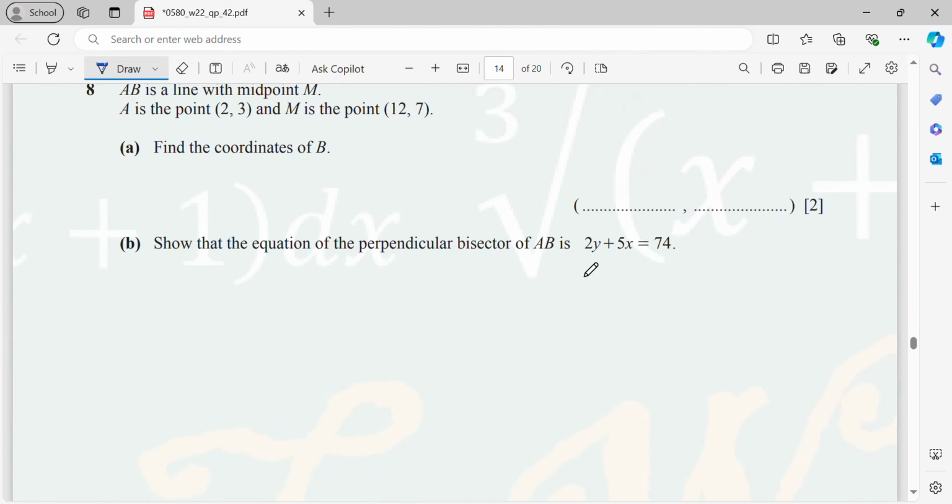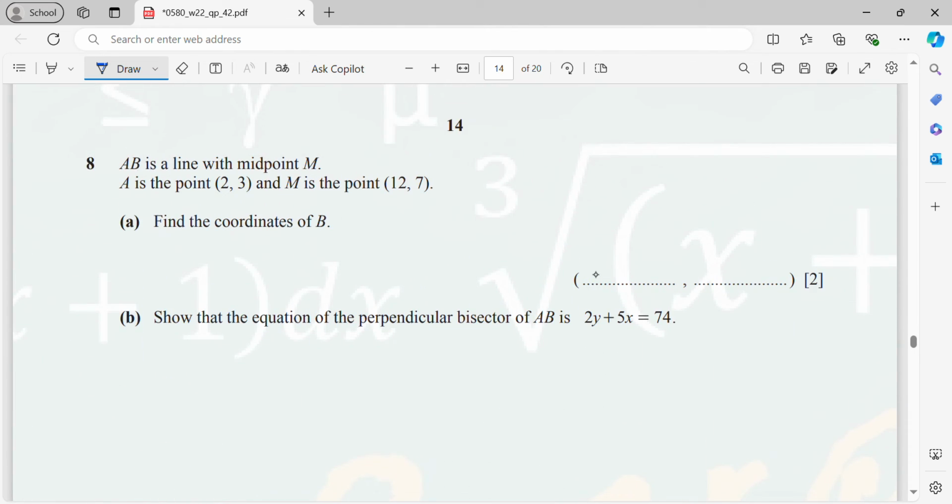Now question 8. AB is a line with midpoint M. Point A is the point 2, 3, M is the point 12, 7. Find the coordinates B. So now 12, 7 equals to 2 plus x over 2, and then 3 plus y over 2. Okay, let B be coordinates x, y.